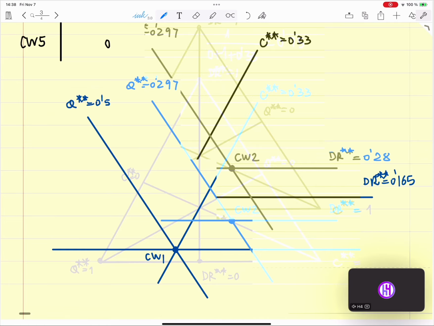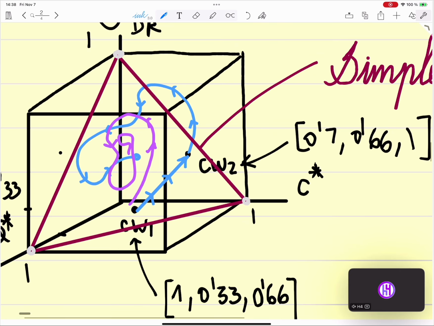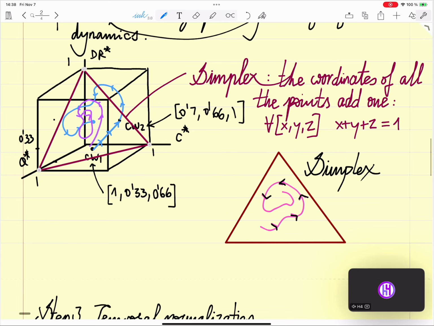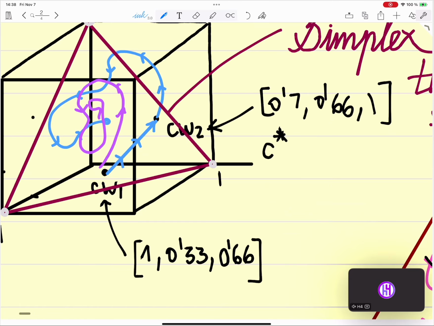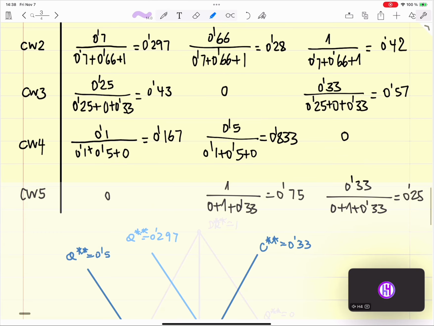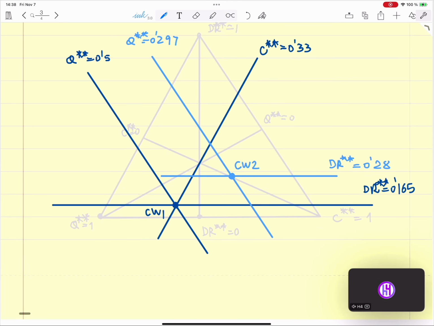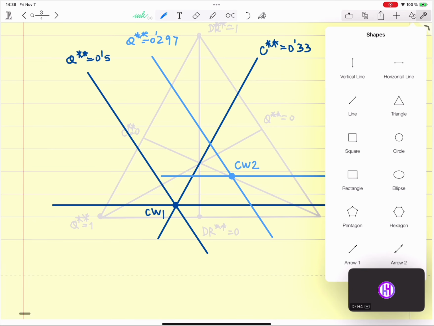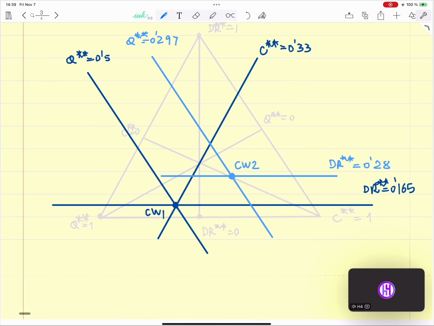What we are doing again is projecting the real line into the triangle. If we project this blue line to the triangle, it happens to be what we have just painted. So what we have just painted, let me put it in green, is the dynamic of the system from calendar week 1 to calendar week 2.